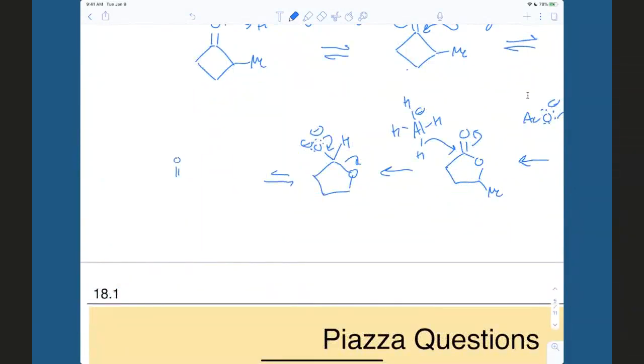And as soon as you end up ring opening this hemiacetal, we're going to make a new aldehyde that is also very reactive with lithium aluminum hydride.